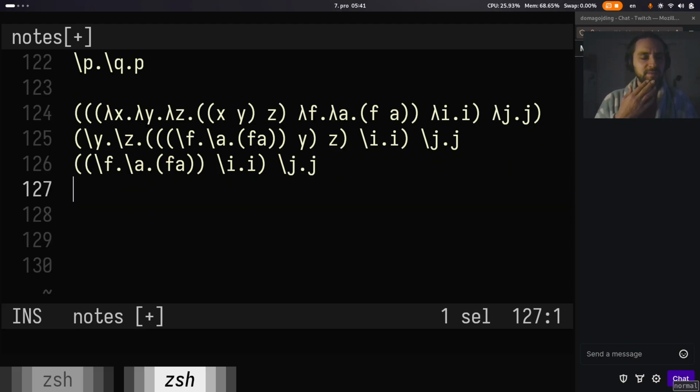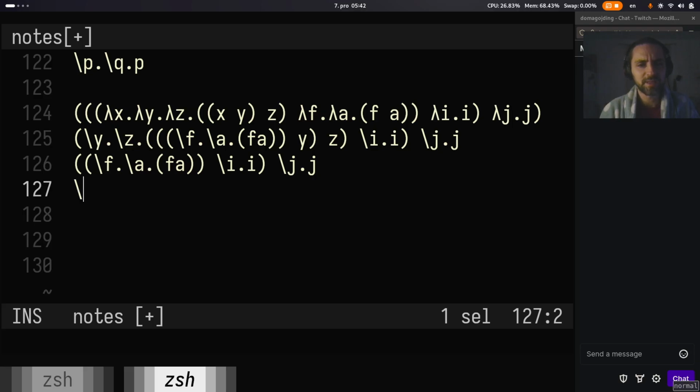So now we have an f, lambda a, fa. We have our apply function, and I, and j. So we could basically substitute I for the f and j for the a, which will leave us, funny, we get the same result.